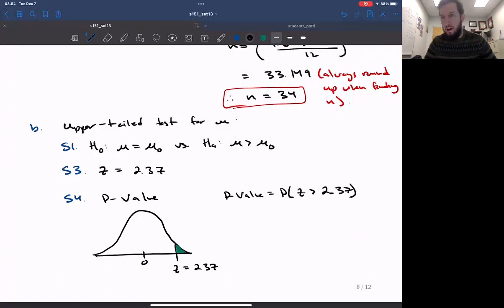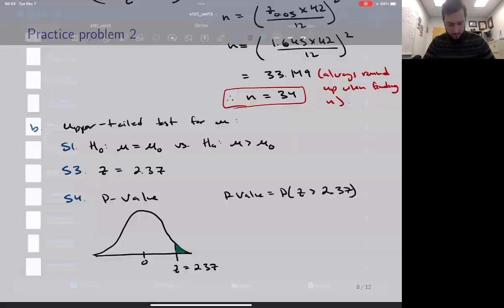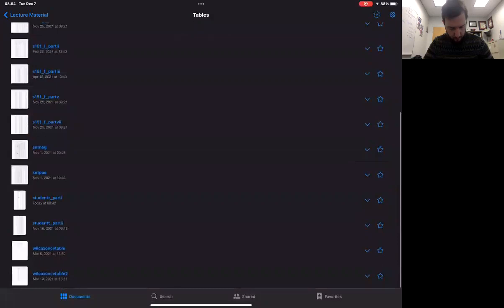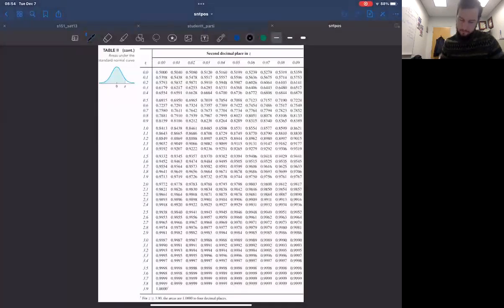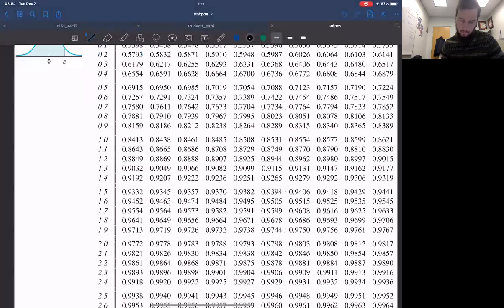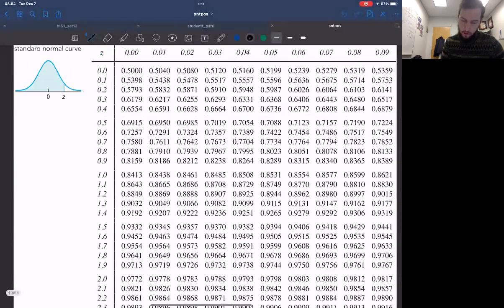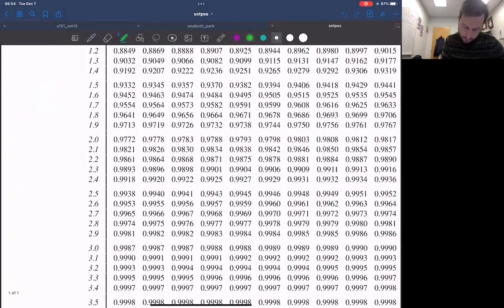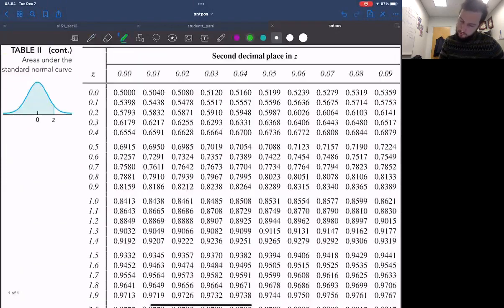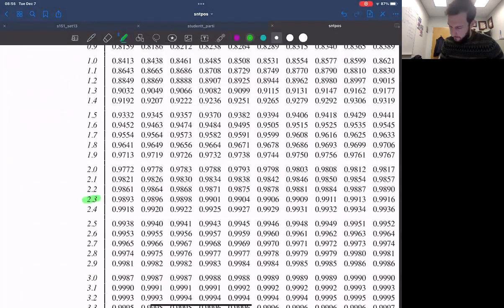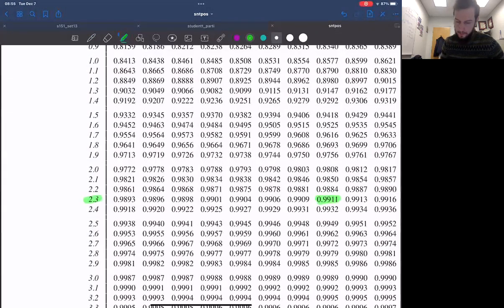So what we need now is our Z table. We open up our Z table, which is here. If we're looking for 2.37, here's 2.3. We scroll over to 0.07. So that means that 2.37 is right here.